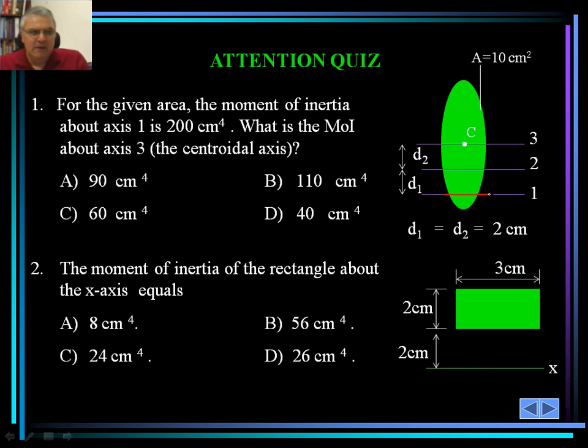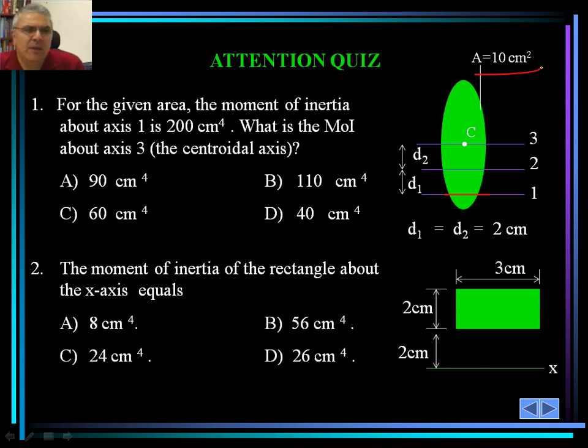What would you guys use in this case, and what would be the right answer? Well, you're going to use the parallel axis theorem. The area is given. It's important to realize that this is given with respect to axis 1. That's the 200 centimeter to the power 4.